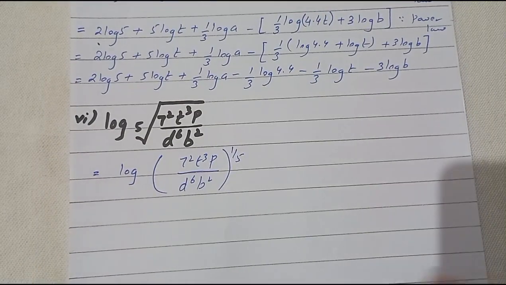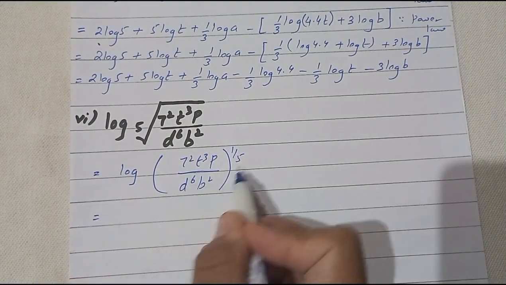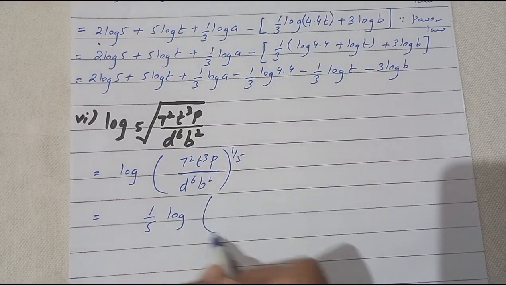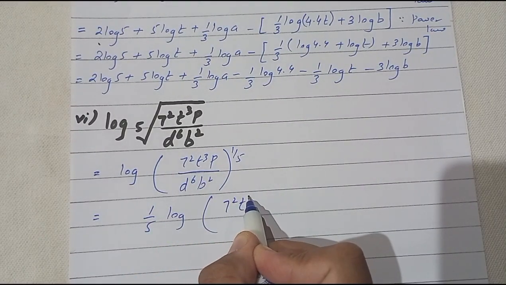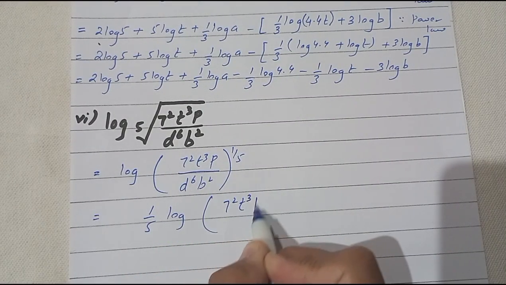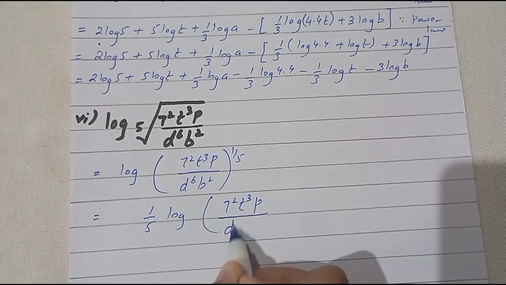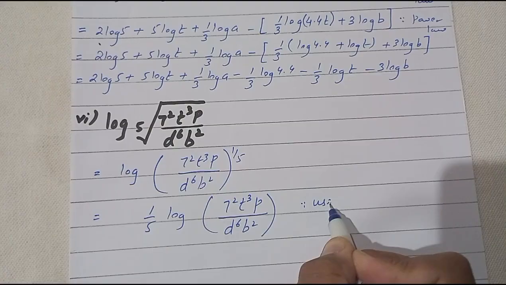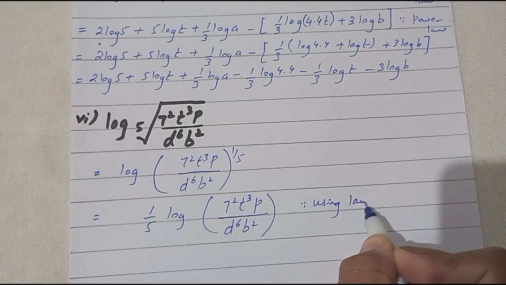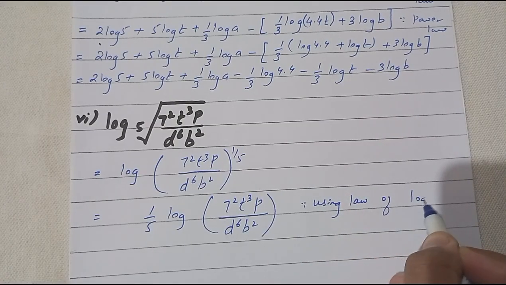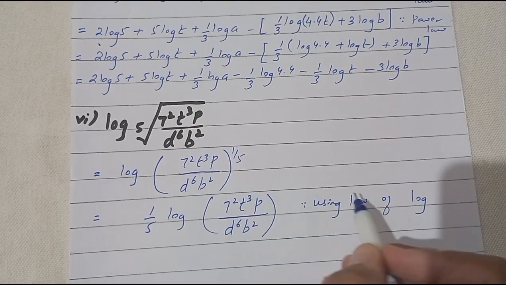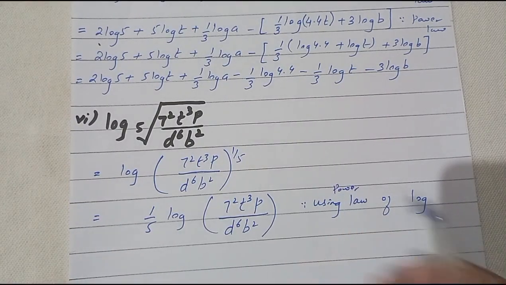Now using power law of log, the power 1 by 5 will come at first, 1 by 5 log of 7 square t cube b divided by d6b square, using power law.